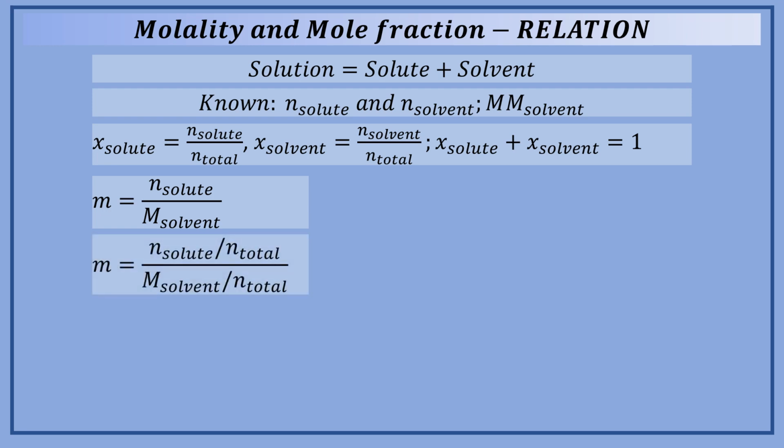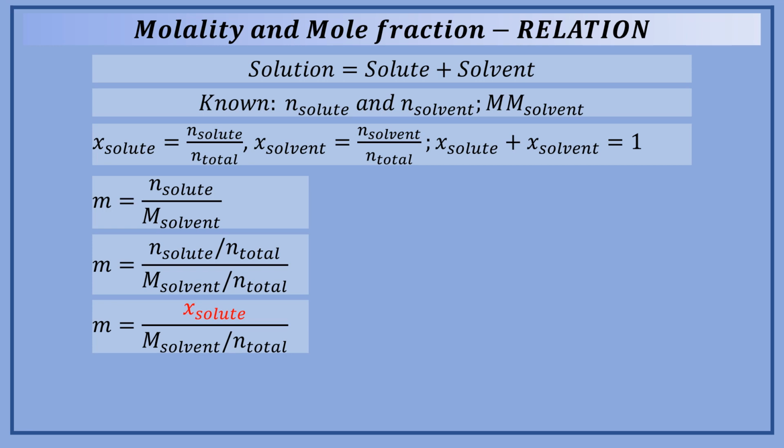One way of doing it is to divide both numerator and denominator of this expression by total number of moles, then we will have the expression of mole fraction of solute in the numerator like this, isn't it?